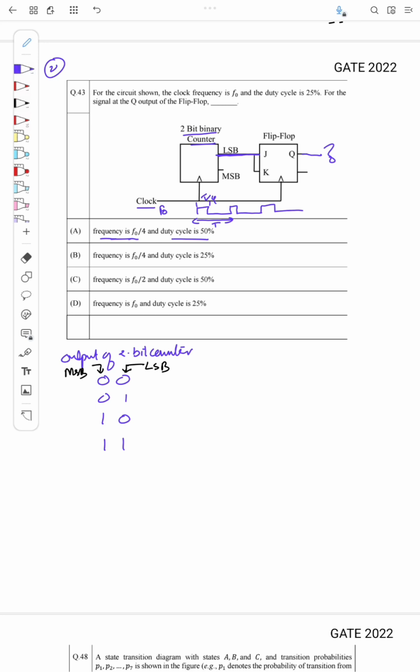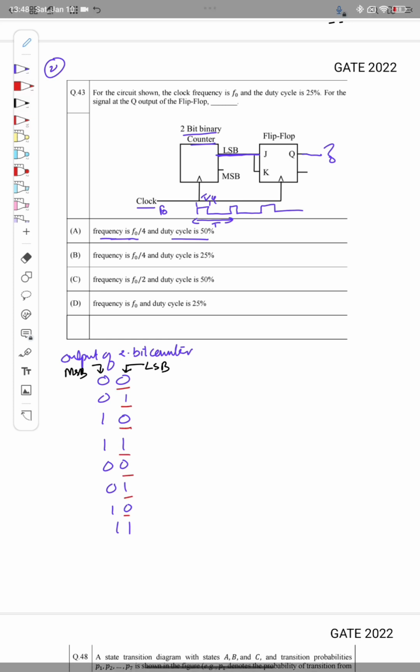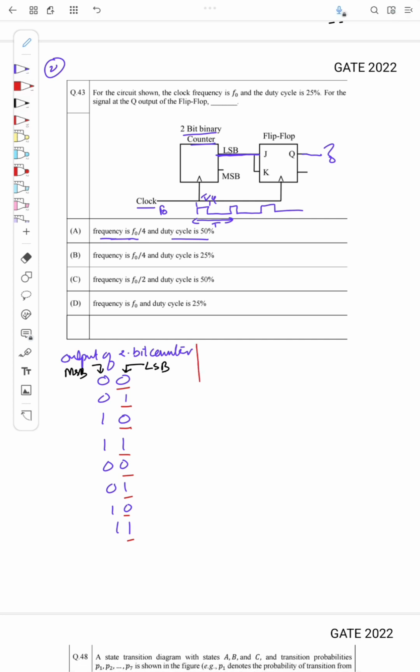And it's a counter, so again it will repeat. So if you see the LSB here, first it will be 0, then it will be 1, then it will be 0, 1, 0, 1. So it is actually repeating 1, 0. We can say it is toggling, right? So when the clock frequency, so I will draw here. So this is the clock.